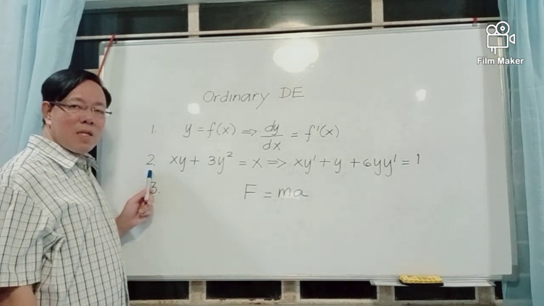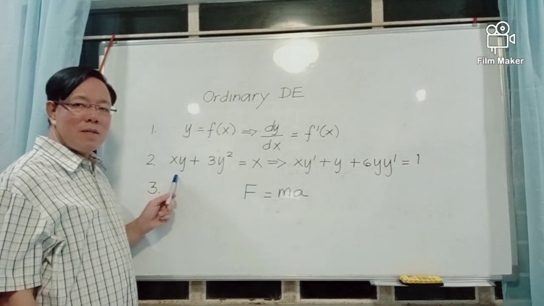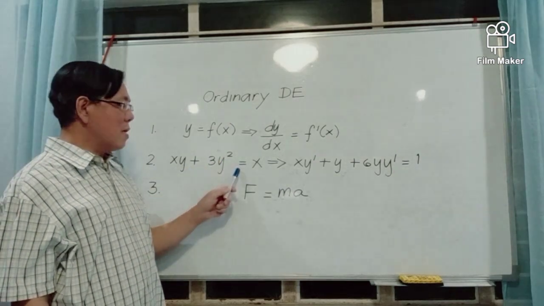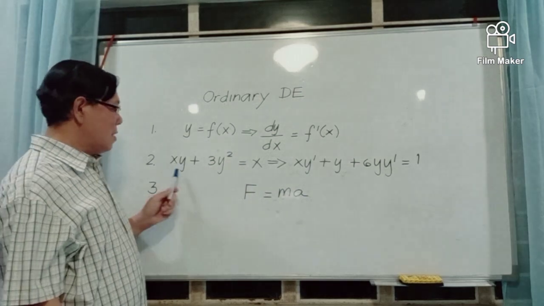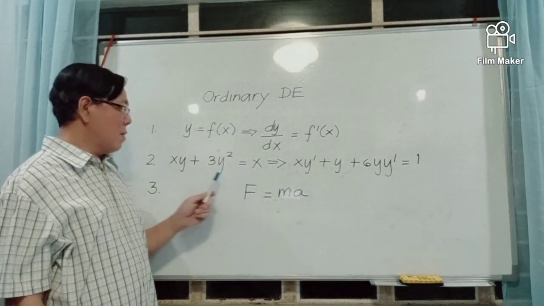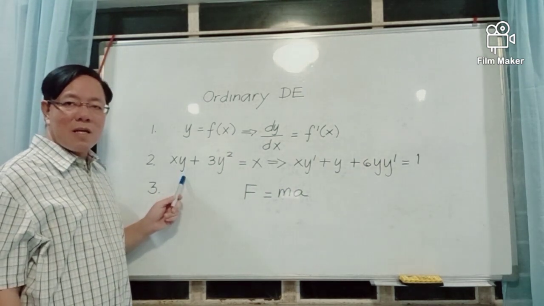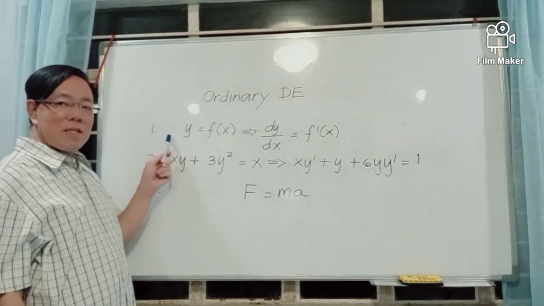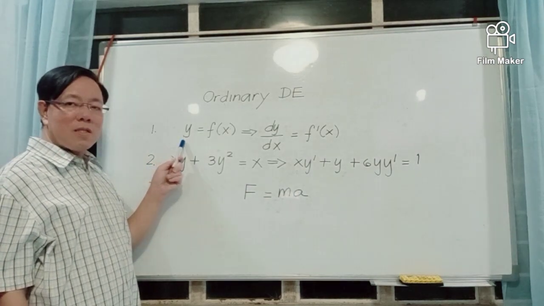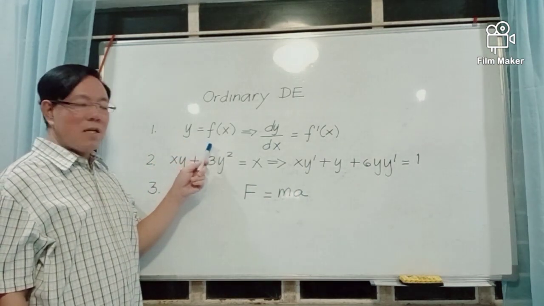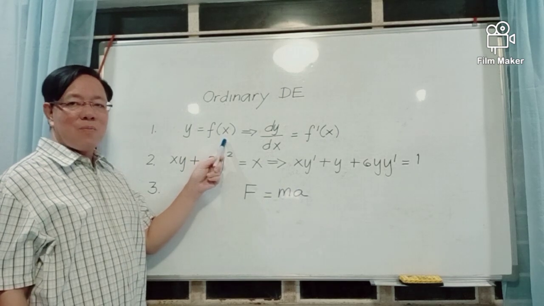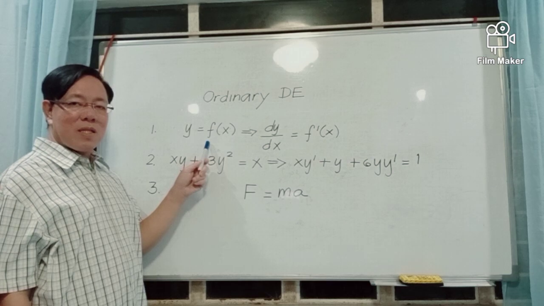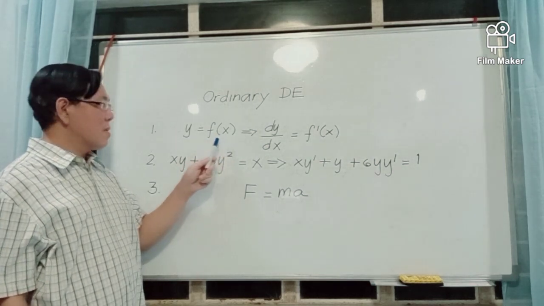In number 2, we are given xy plus 3y squared equals x. In this equation, y is taken as a function of x. In example 1, the function y is defined explicitly as a function of x, except that we do not know what expression is represented by f of x.